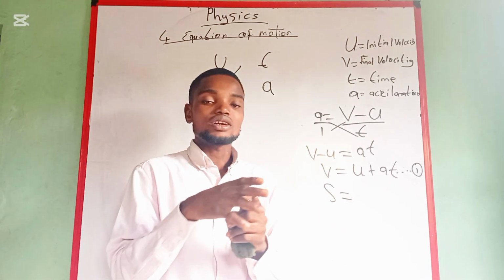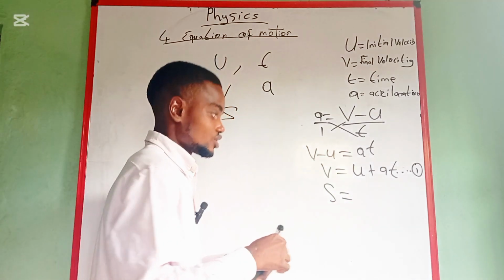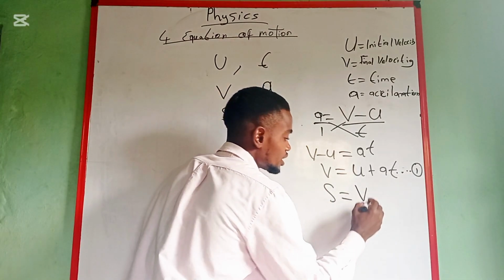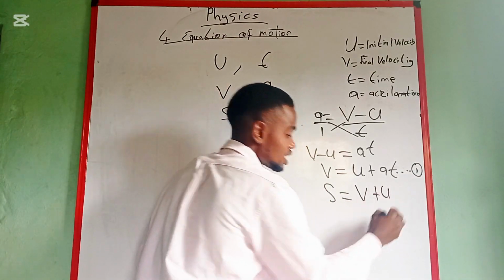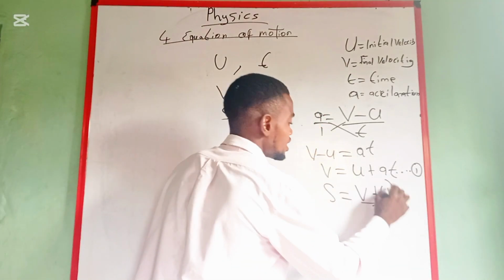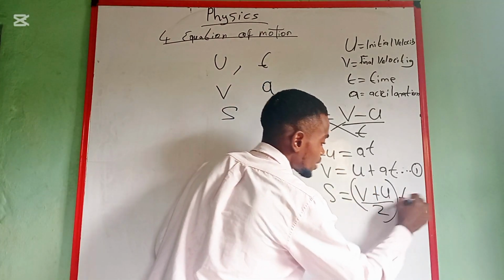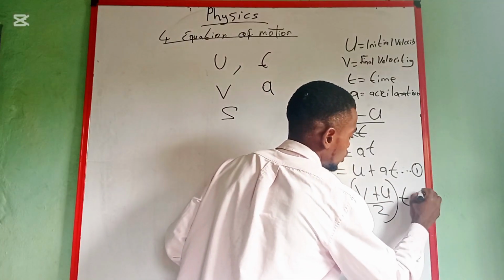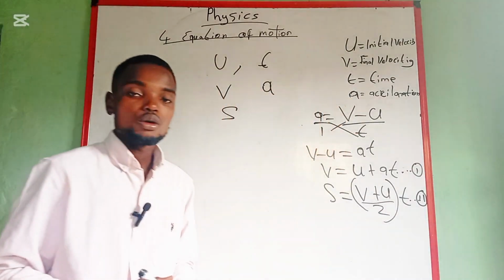So if you add their scores, you divide it by what? By 10. All right. So that is what you're going to do. Average velocity is what? The final velocity plus the what? Initial velocity divided by what? 2. That is average velocity. Now, distance equals average velocity multiplied by time. This is the what? Our second equation of motion.